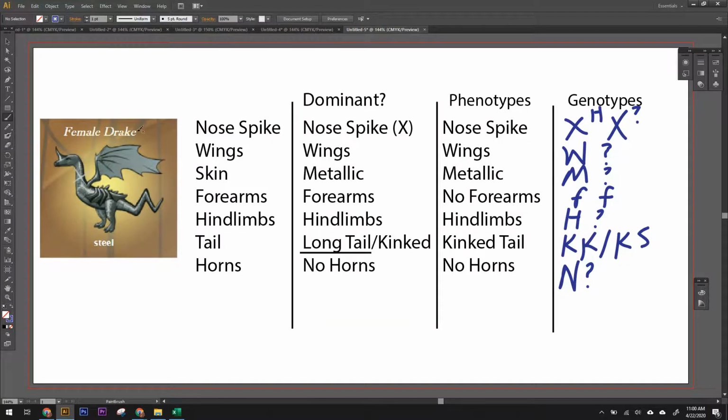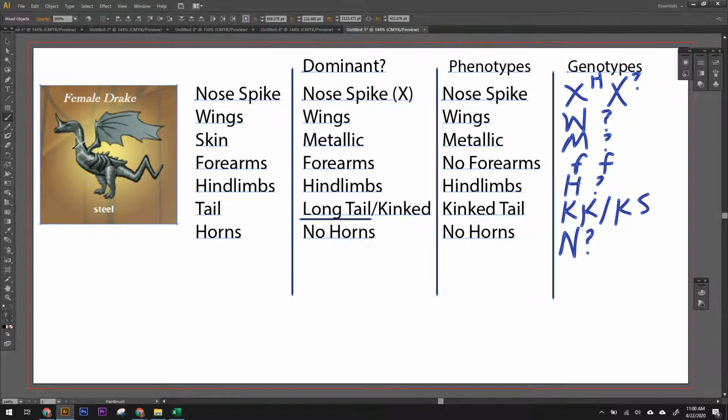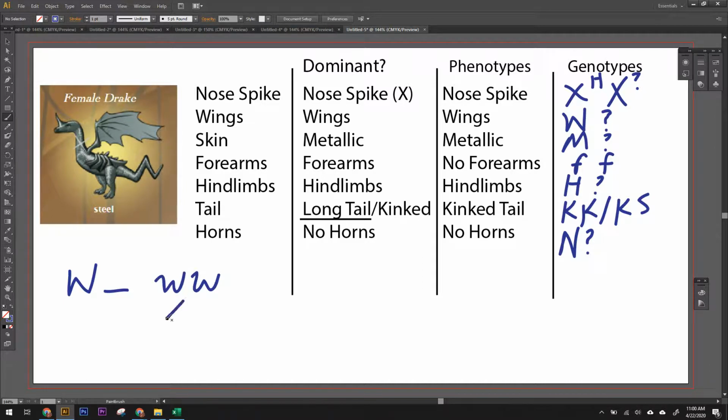So what that means about our particular mother here is that because some of her offspring have no wings, we know that she has one dominant allele. We know that dad has no dominant alleles. So he can only pass on recessive alleles to his offspring.